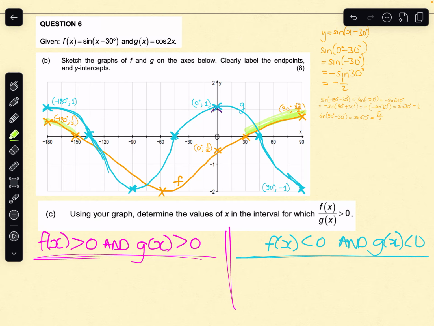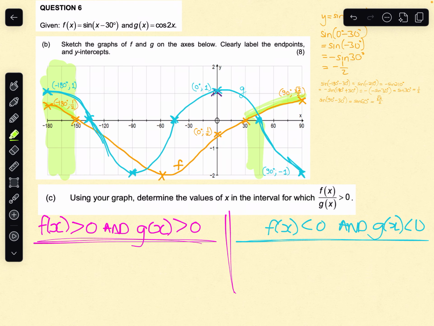We're looking from this x to that x, and then again from 30. Guys, the technology is being treacherous. Okay, so when x is between these two, we know that f is positive, and when x is between 30 and 90, we know that f is positive again.